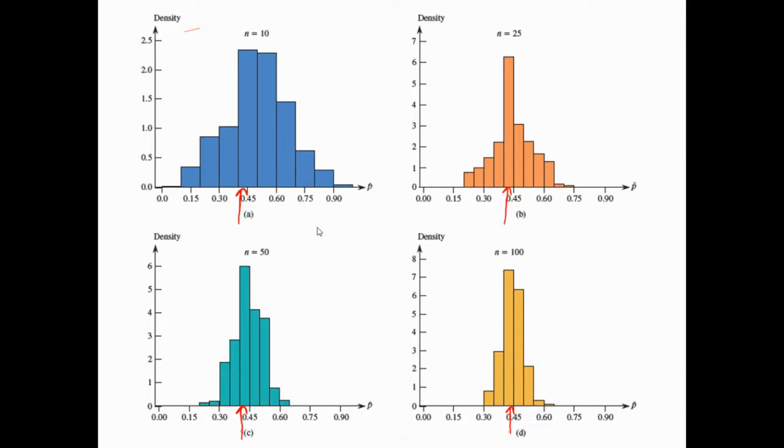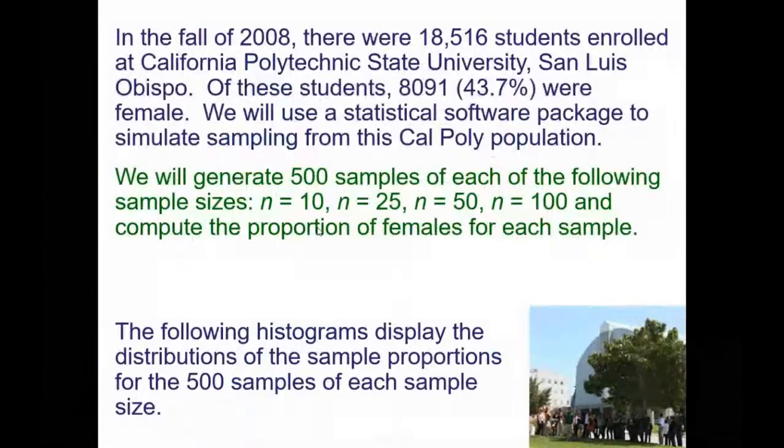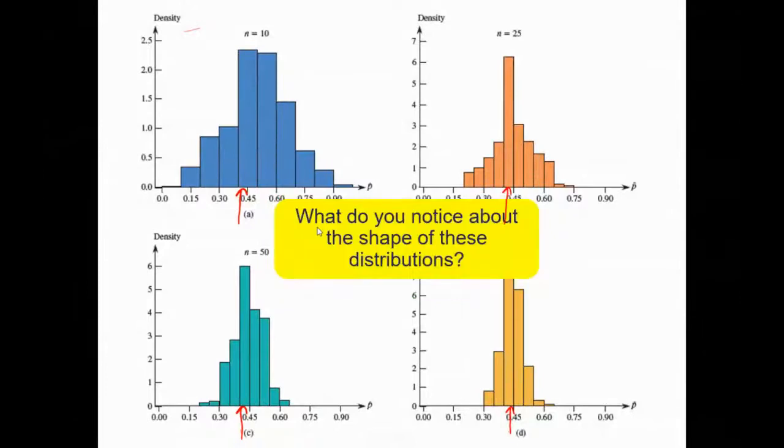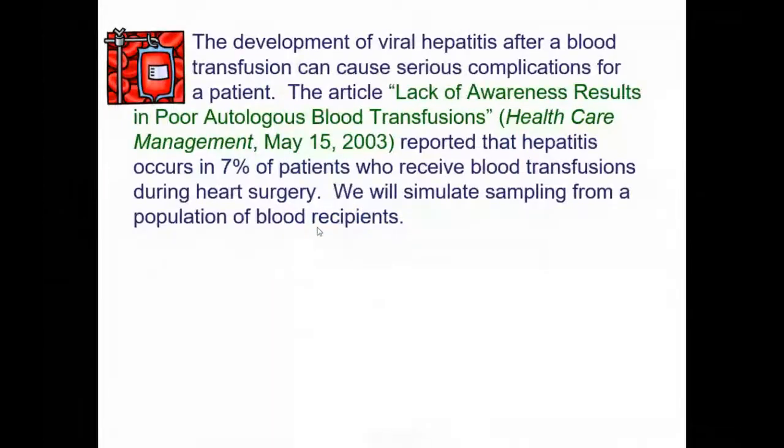So now let's look at what happens when we're a little bit further away in the wrong direction. Now let's talk about this viral hepatitis example. The development of viral hepatitis after a blood transfusion can cause serious complications for a patient.